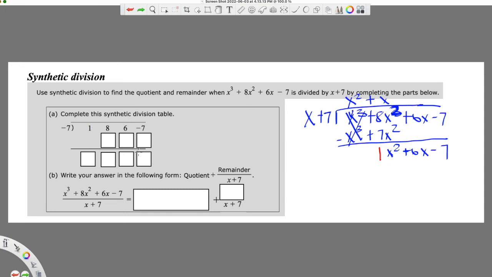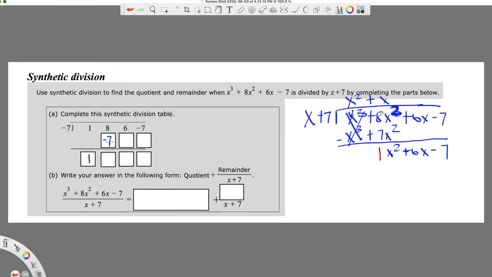So now what I do is I bring down the first piece here. So the 1 gets just brought down. So I have 1. And then whatever's down underneath, I multiply by this number here. So -7 times 1 is -7.